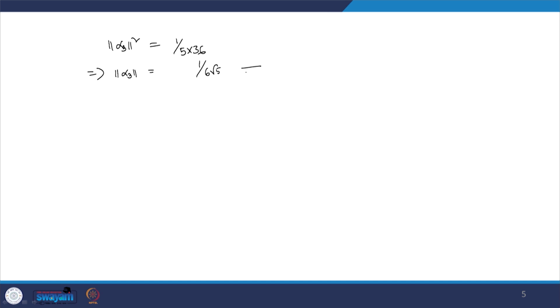Okay. So, then we can immediately calculate alpha 1 prime equal to 1, alpha 2 prime equal to root 12 into x minus 1 by 2, and alpha 3 prime equal to 6 root 5 into x square minus x plus 1 by 6.